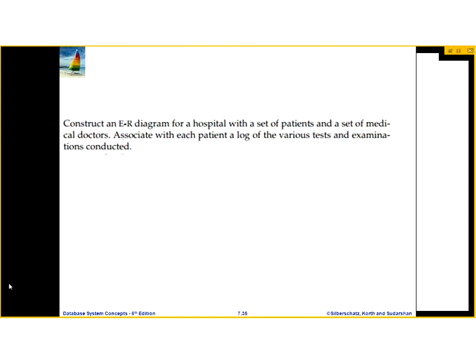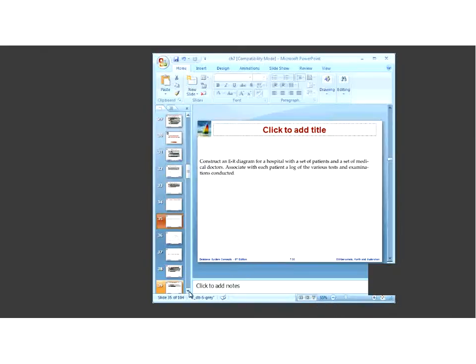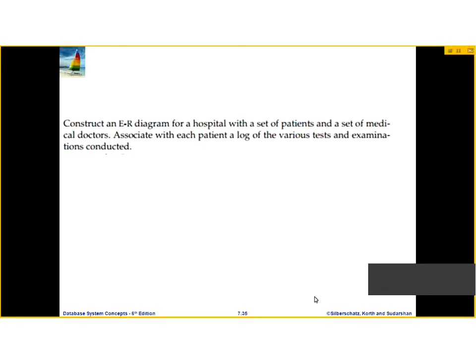After identifying entities, I want you to see what kind of relationships can exist between patients and doctors, and if they are getting different tests and examinations, what are the possibilities? I have this solution with me in the very next slide.